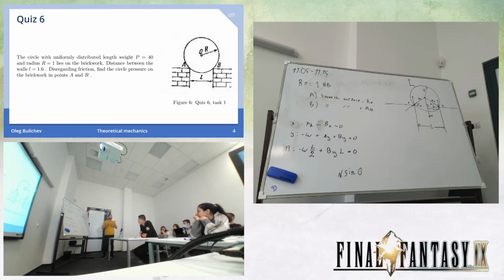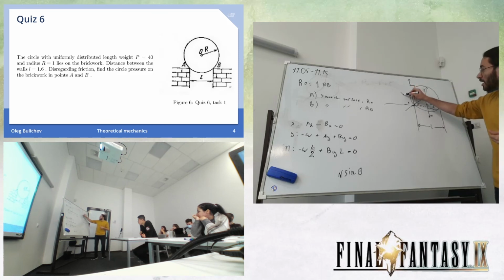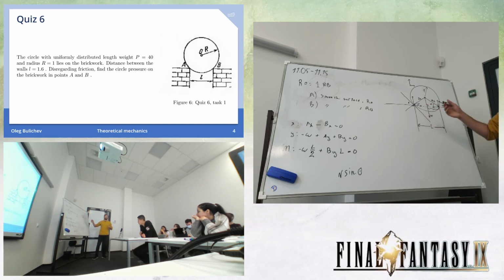That was my problem when I started solving, and it should be, because of the definition of the normal reaction force from the surface: if you assume that this is a surface, then the force will be normal to that. And since this is a point, from kinematics we can say that for any circle, the tangent of it, the normal will always go to the center of the curve.